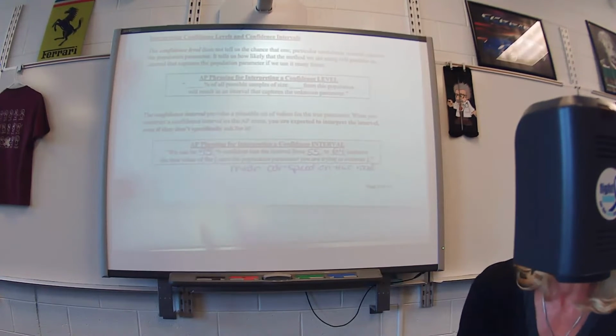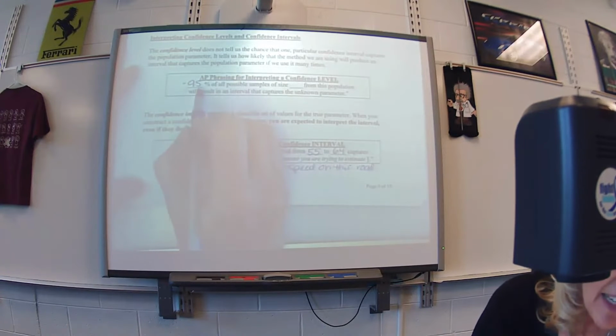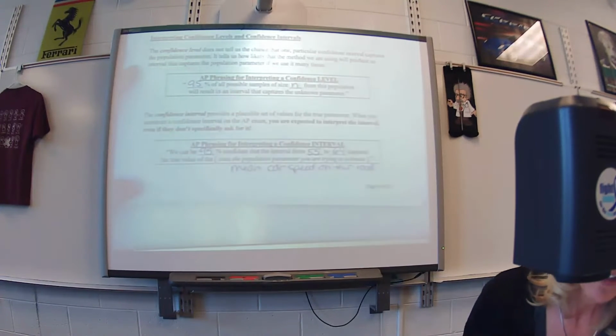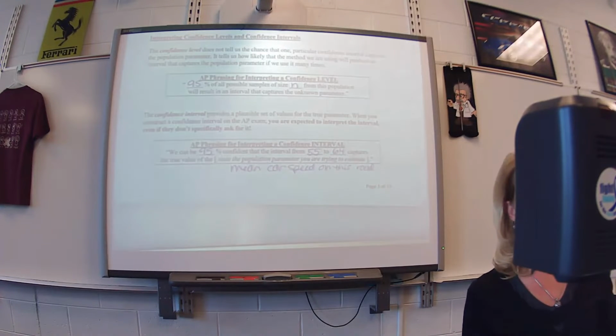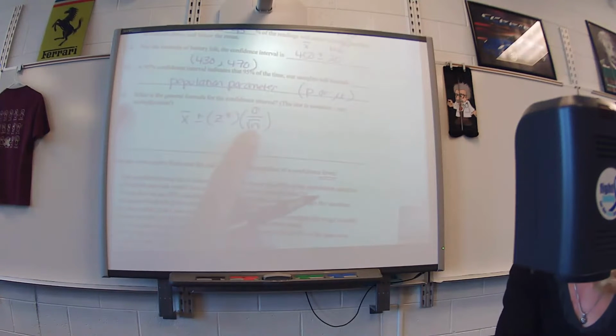You can memorize this. Again, I'll just use this example. 95% of all possible samples of size n from this population will result in an interval that captures the unknown population parameter. Now, that's one thing Party didn't talk about, the n size. But understand, the n size has a huge impact on this formula.